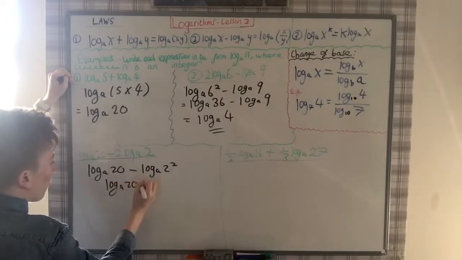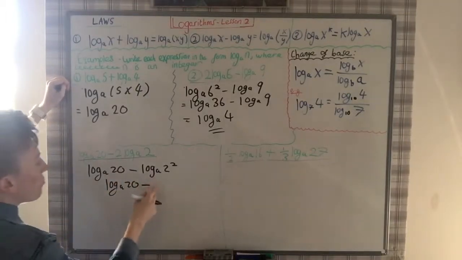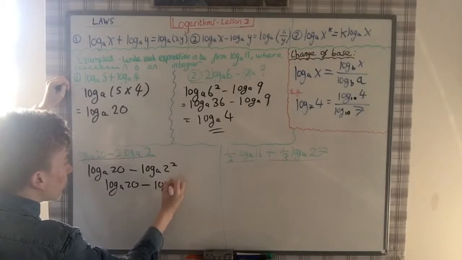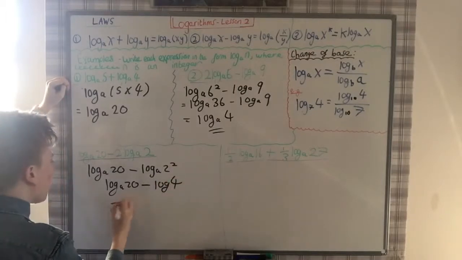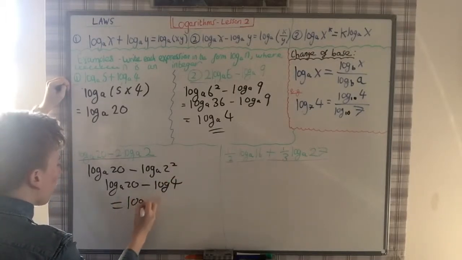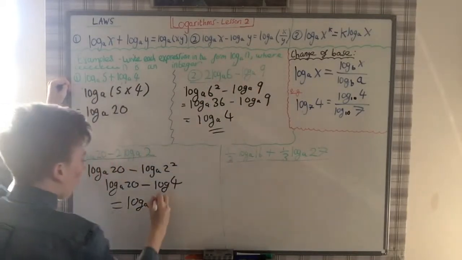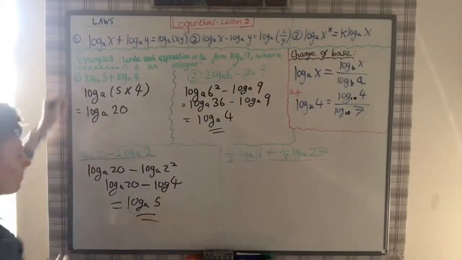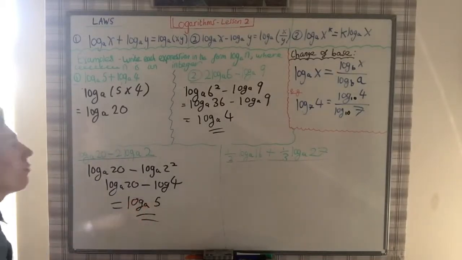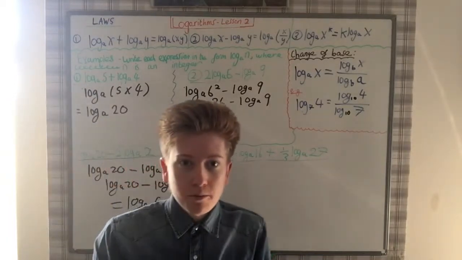So we have log 20 subtract log 4, which is equal to log of 20 divided by 4, applying this law, which is log 5, again with base a. So now let's move on to the last example.